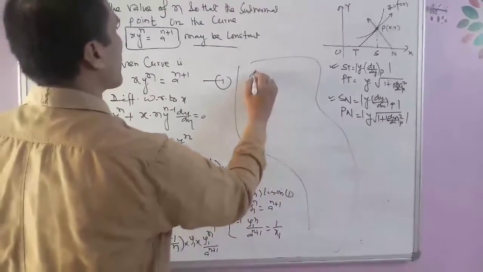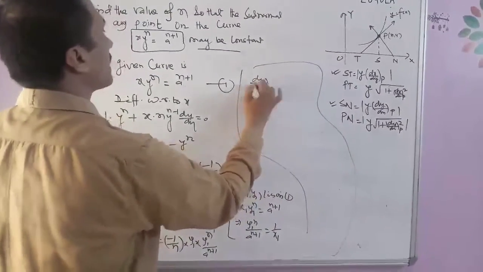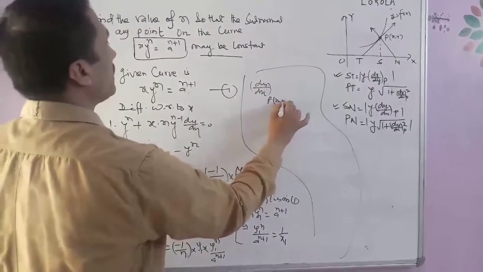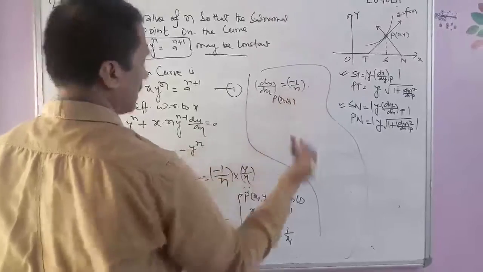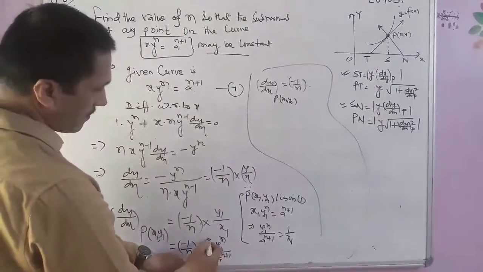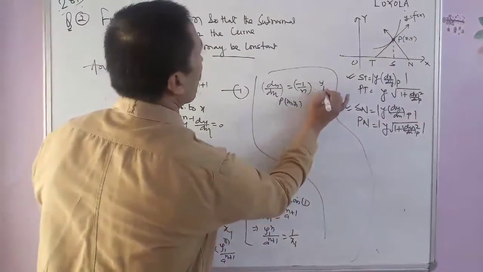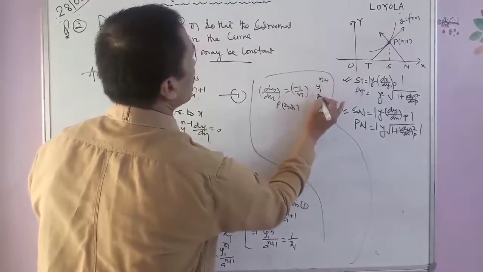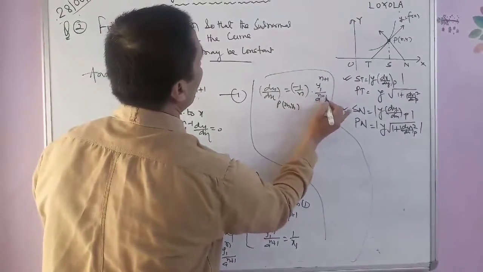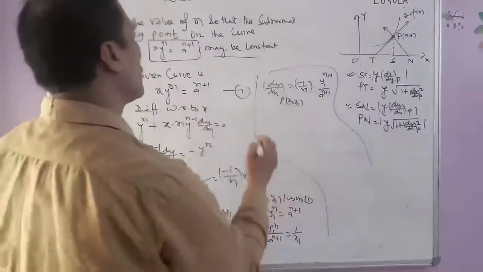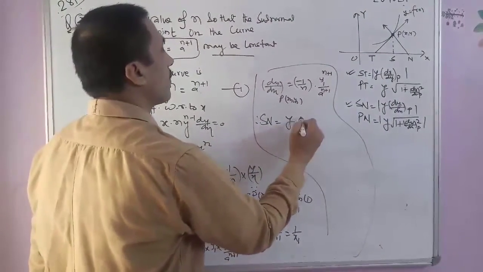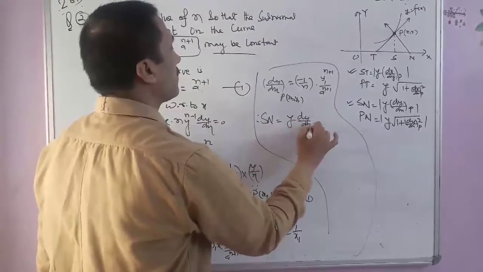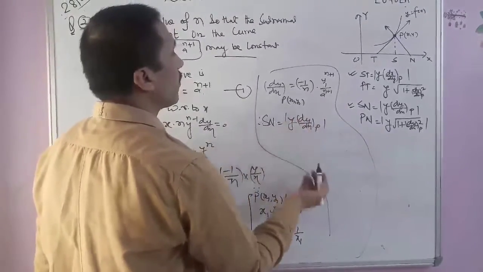Therefore dy/dx at P(x1, y1) equals minus 1/n times y1^(n+1) divided by a^(n+1). Therefore the subnormal is y times dy/dx at point P, mod.